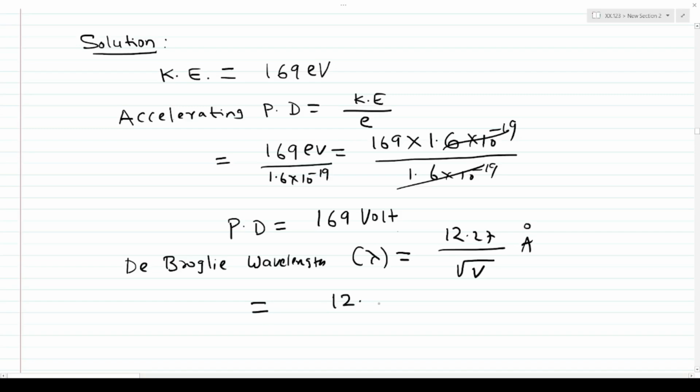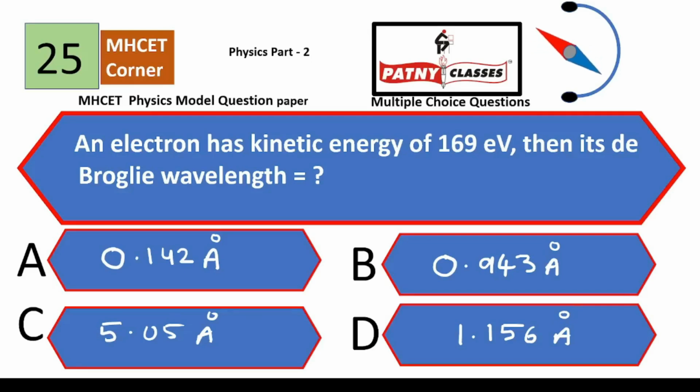This is equal to 12.27 upon under root of 169, which equals 0.943 angstrom units. Therefore, de Broglie wavelength equals 0.943 angstrom units. Therefore, option B, 0.943, is the correct option. Therefore, we lock option B.